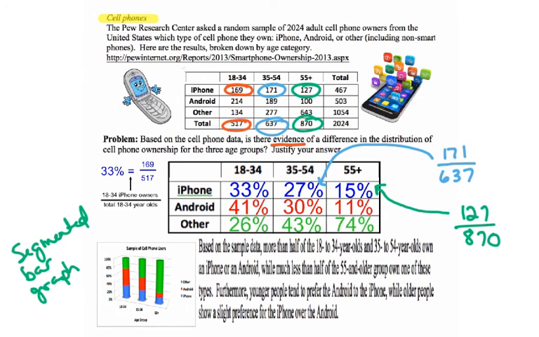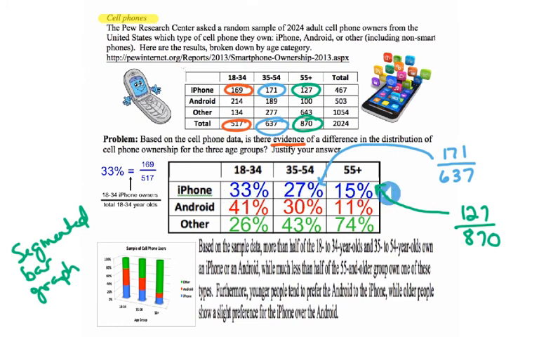Now, because each age category adds up, each column adds up to 100%, we could make a pie chart for each age group to show which types of phones they were more likely to own in 2013. But what we could not make a pie chart for would be for each phone category, because you'll notice 33 plus 27 plus 15 does not add up to 100%.